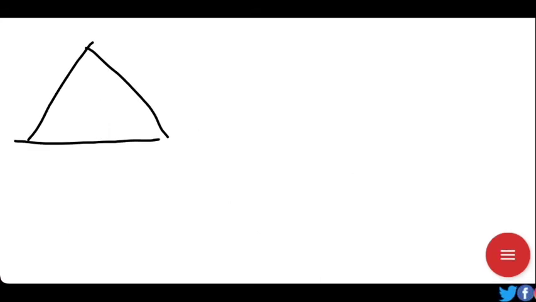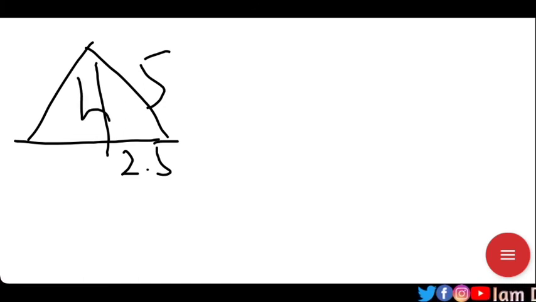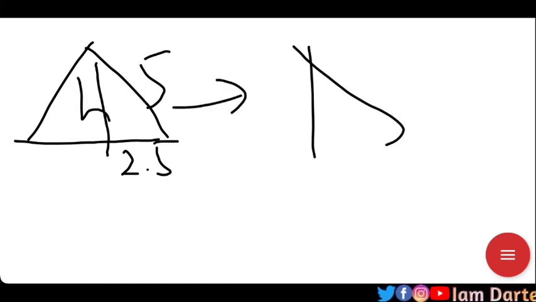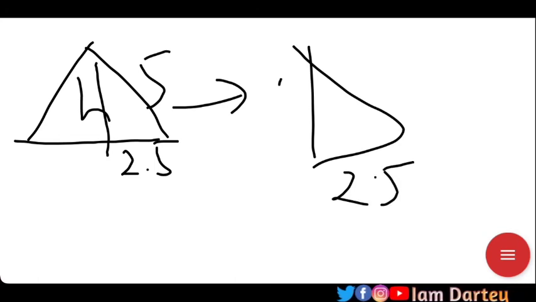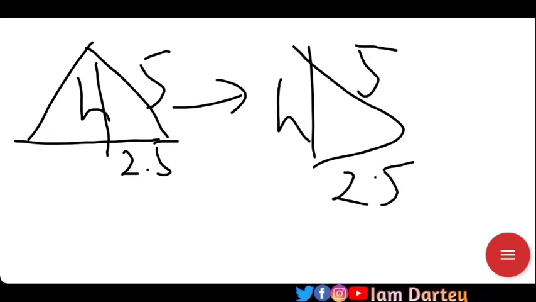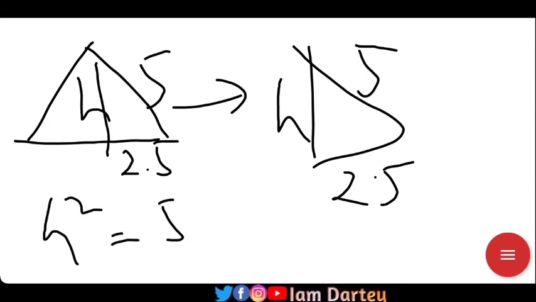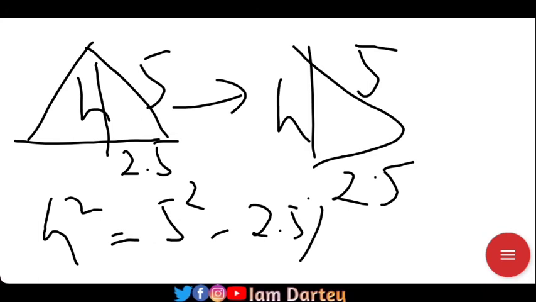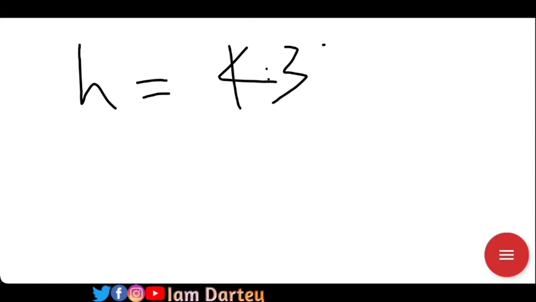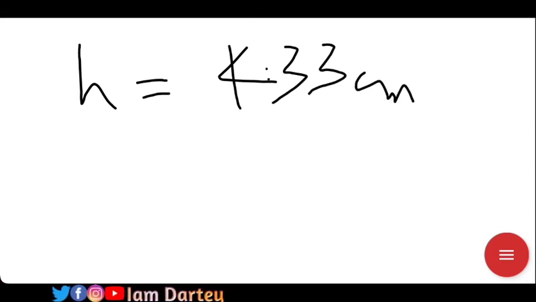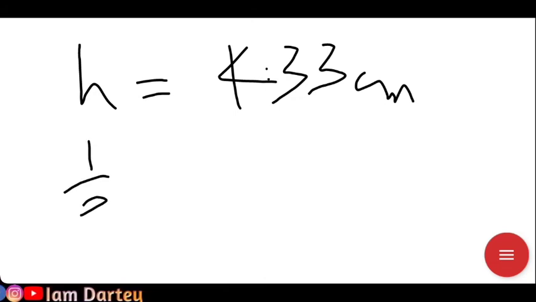This is one of my faces with 2.5, and I'm looking for this height. So I'll apply Pythagoras theorem: my height squared is equal to 5 squared minus 2.5 squared. So your height will be 4.33 centimeters.